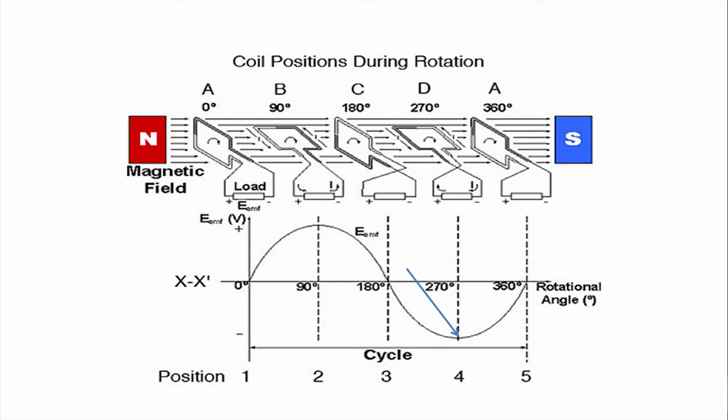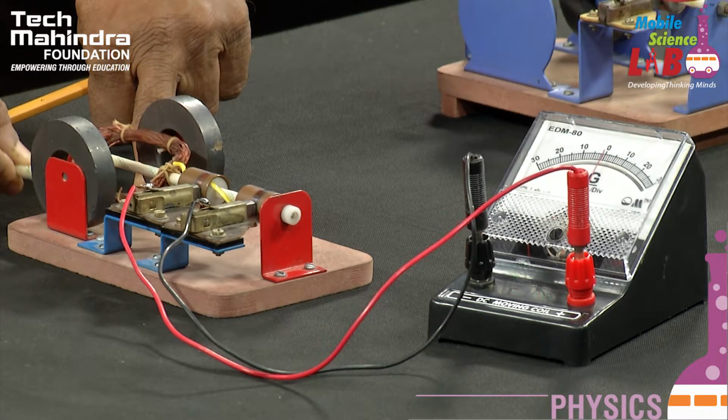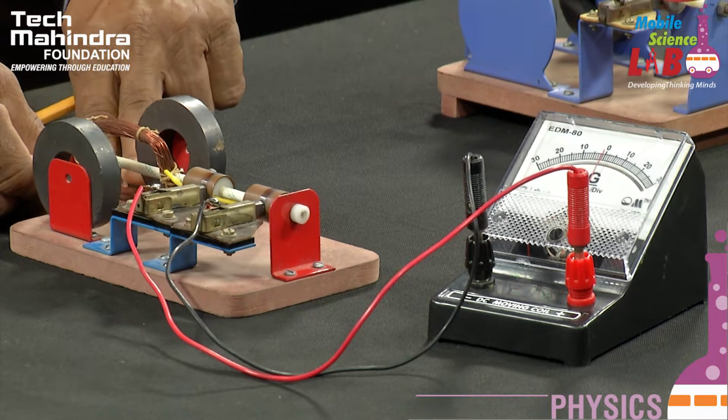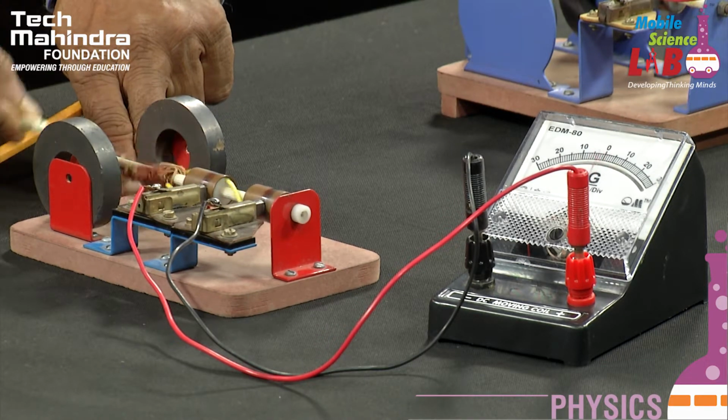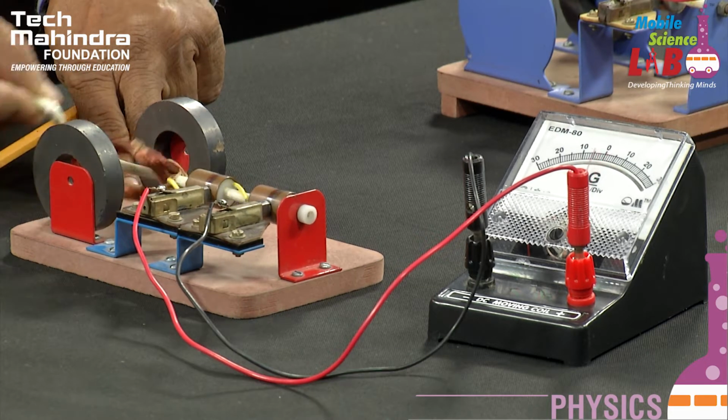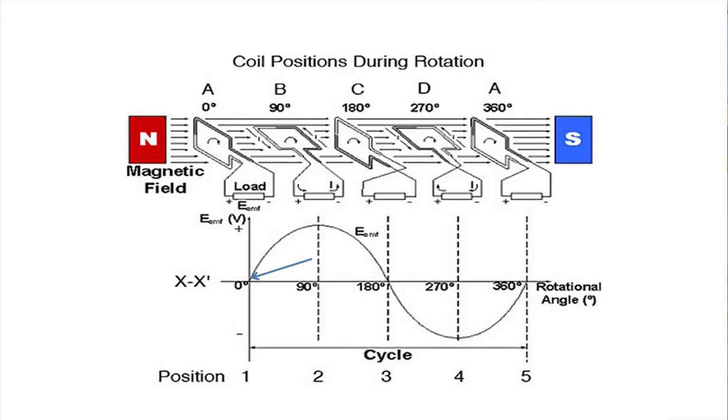In one half, it is in one direction; when I move it further, it moves in the reverse direction. That means the current starts from 0, goes to the maximum value, and comes back to 0 during the first half of the rotation, and in the second half the pattern is the same, but in the reverse direction. That is the reason it is called AC generator.